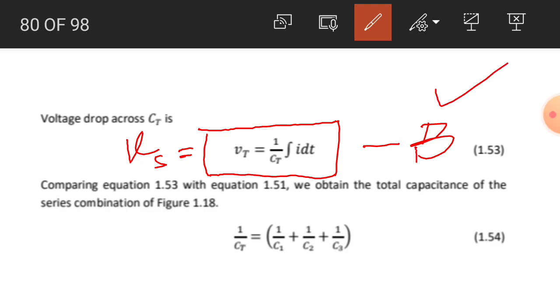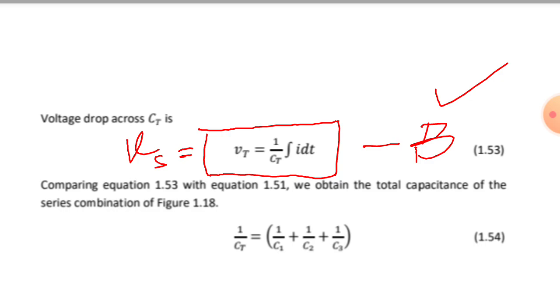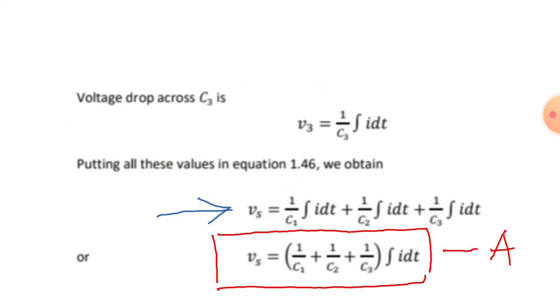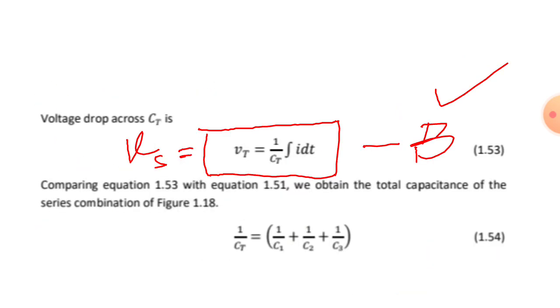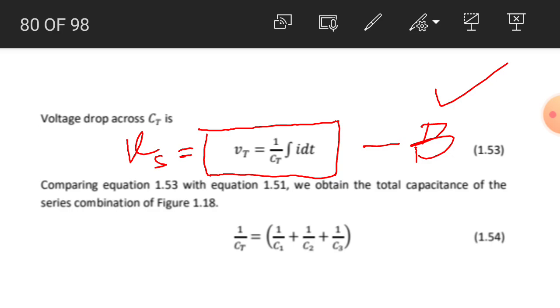We compare equation number B with equation number A. Let me show you equation number A. So this is equation number A. If we compare equation number A with equation number B, we obtain the total capacitance of this series combination.